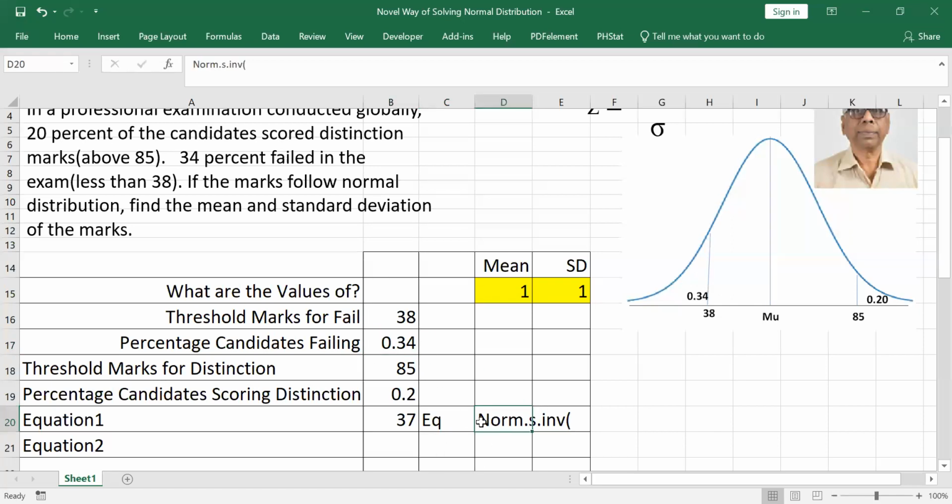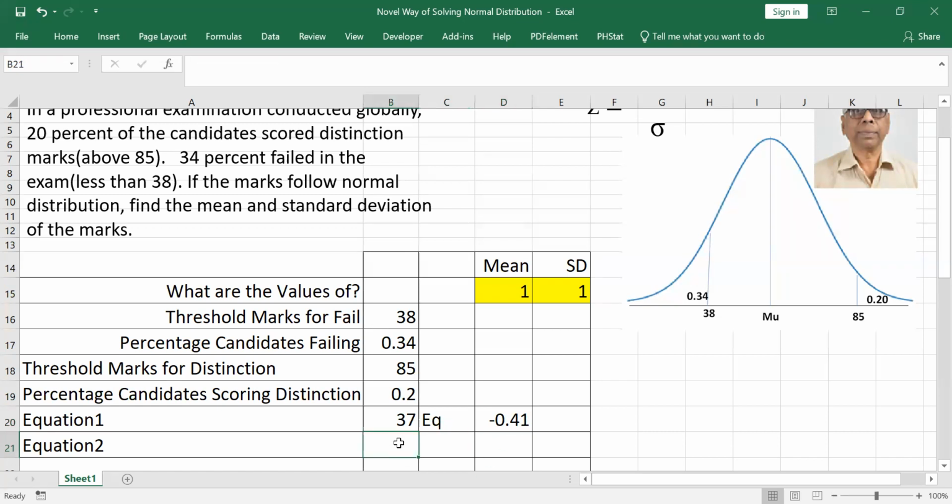So this is the formula. If you double click, you'll get the formula. NORM.S.INV of 0.34 is this cell. The computer returns minus 0.41 as the ordinate.